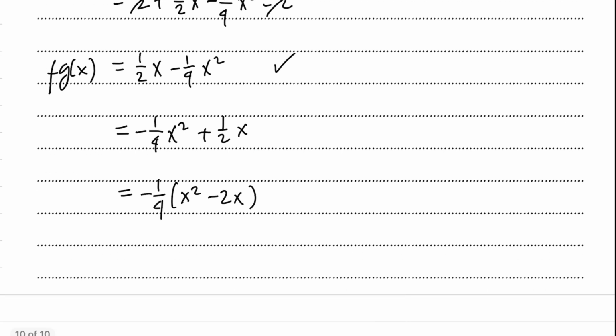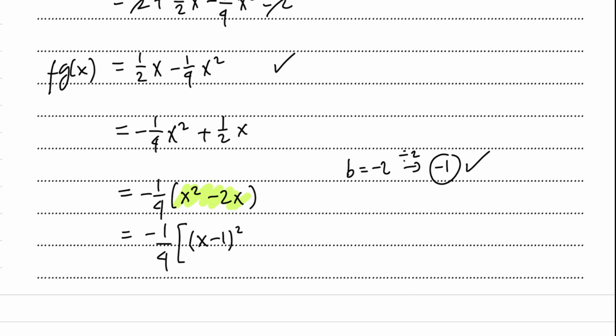And then we complete the square for this. We take the b, which is the minus 2, and then we divide by 2. You will get minus 1. So this equation will become minus 1 over 4, put the square brackets, put the small brackets, and then put the x, put the value here, minus 1, and then we square it.